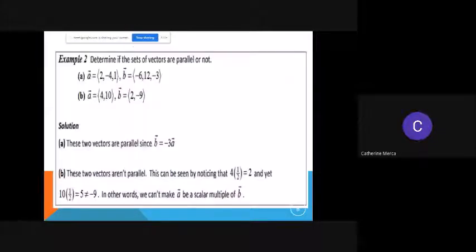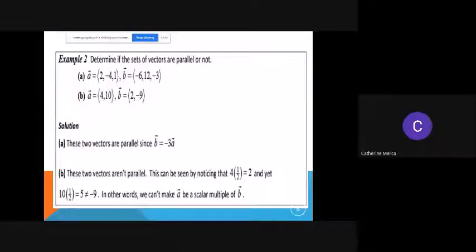The first example is for determining whether vectors are parallel or not. If you take a look at vector A and vector B, notice that we can rewrite vector B as negative 3, a scalar value, times vector A. Why? Take a look.